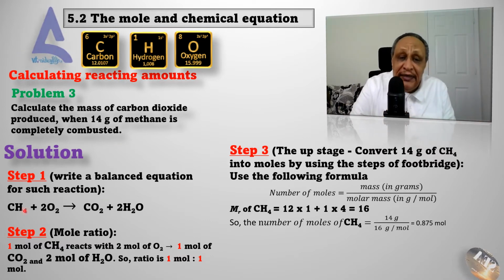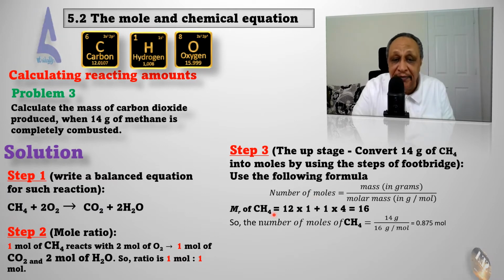Now, we are going through the same story, step 1 to step 3, in order to determine the number of moles of methane. We are going to follow the same thing, and I will let you go through it one by one.